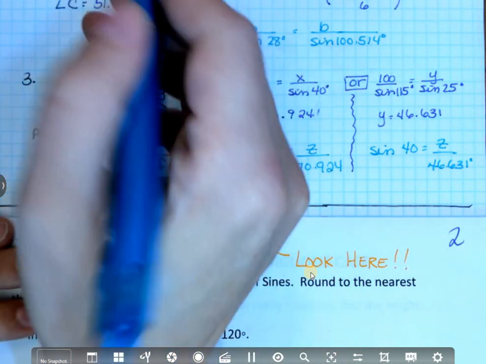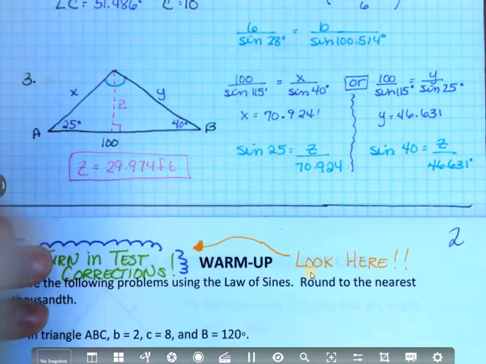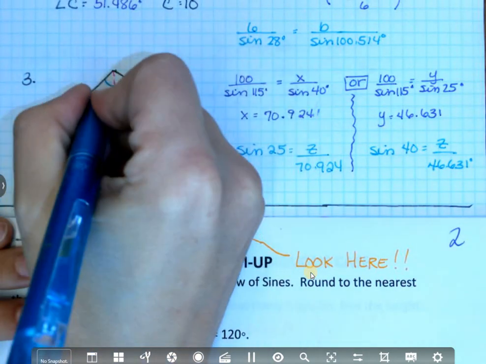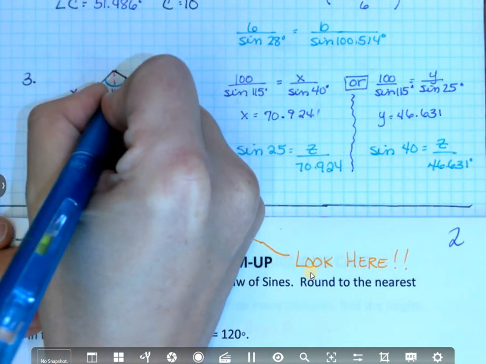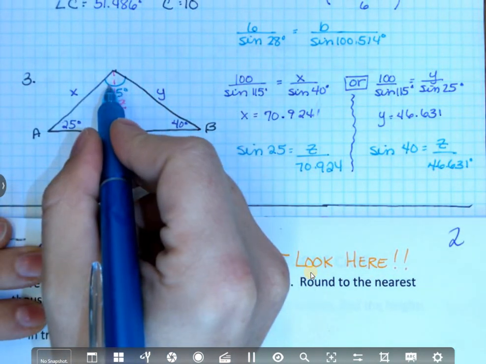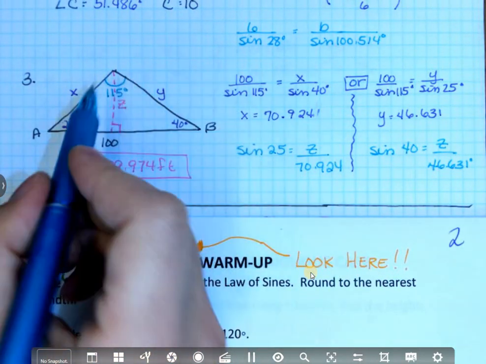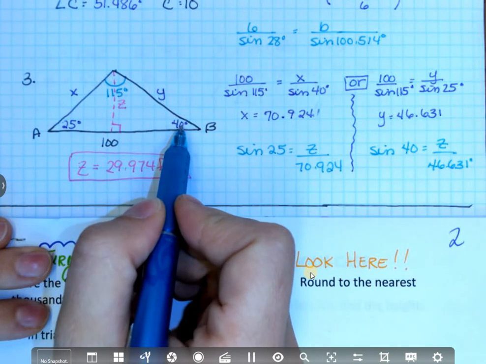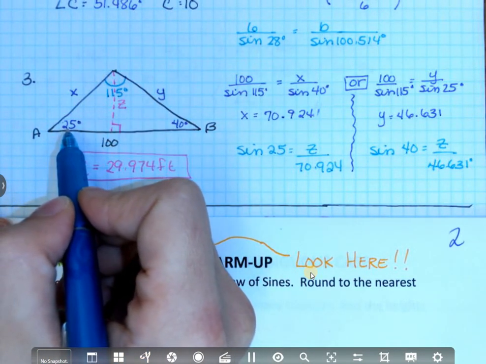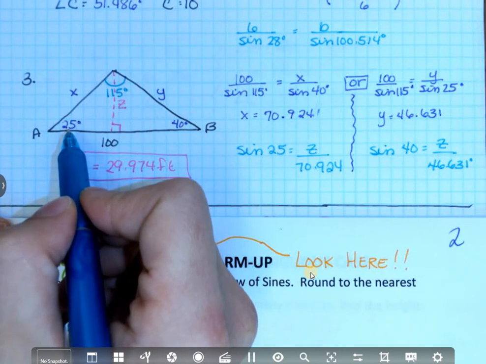And then you're still going to use, what is that angle up here? If we have 25 and 40, what's that? 115 degrees. So you would say 100 over the sine of 115. And then you would either use x over the sine of 40 or y over the sine of 25. And I don't care if you use different variables. That's okay. I threw those in there for my sake.